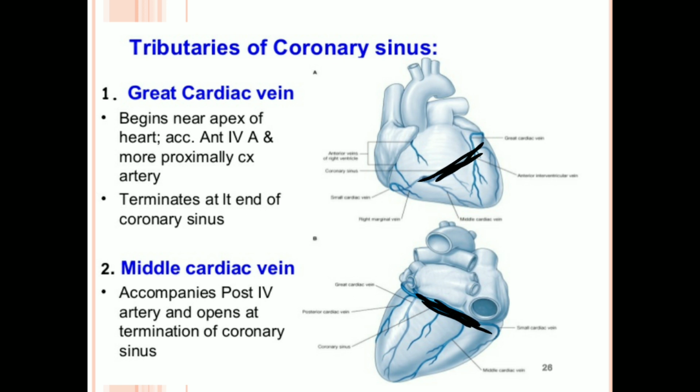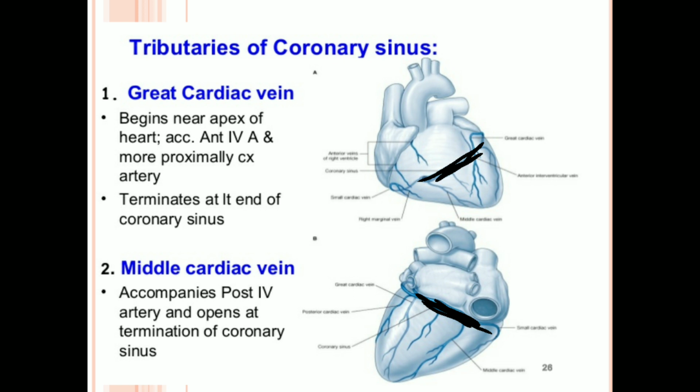The coronary sinus is a venous sac about 2 to 3 centimeters long, situated in the left posterior coronary sulcus. It opens into the right atrium by an orifice which is guarded by a valve.